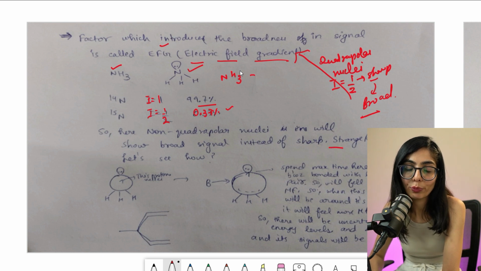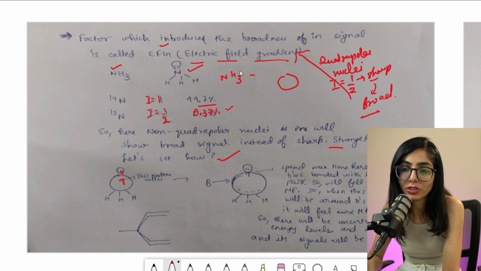Let's see how. If we go to the structure of ammonia, you can see the nitrogen nucleus over here will remain very much bonded to its lone pair, due to which it will spend maximum time over here, so it will feel less external magnetic field.